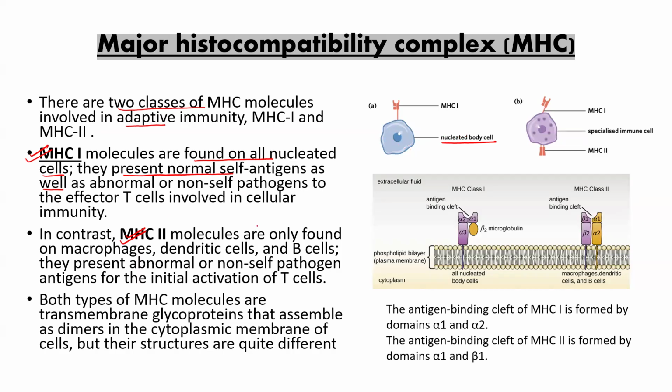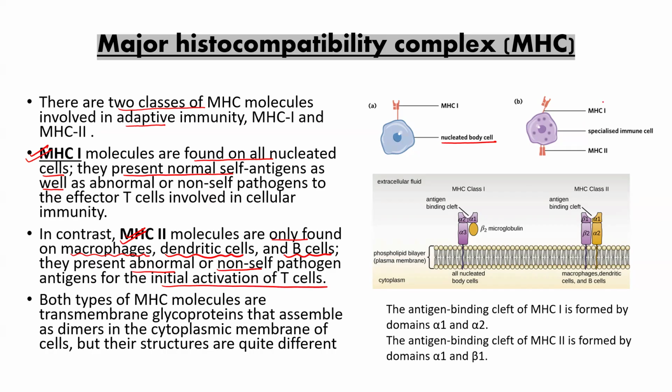Now, MHC2 is present only on APCs, antigen presenting cells, and the antigen presenting cells are macrophages, dendritic cells, or B cells. They present the abnormal or non-self pathogen to activate the T cell. Clear?